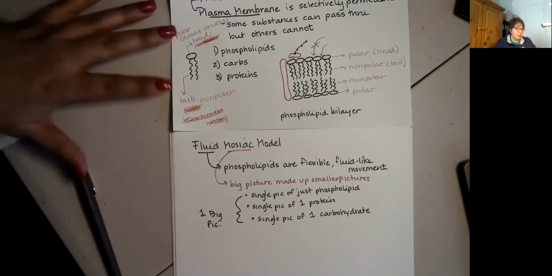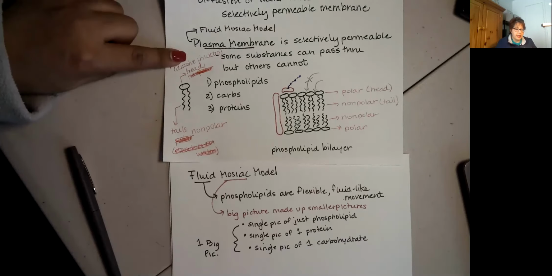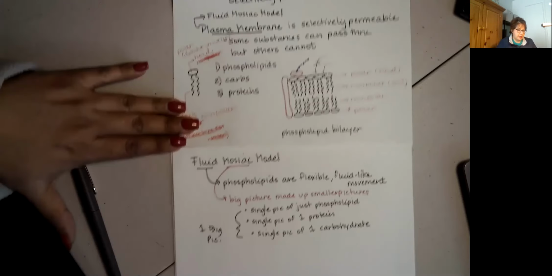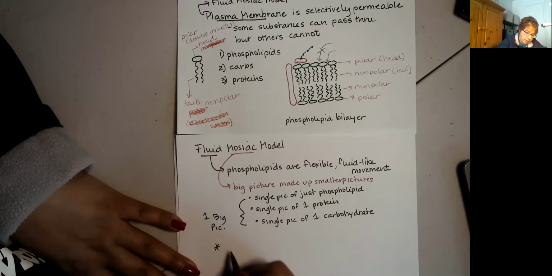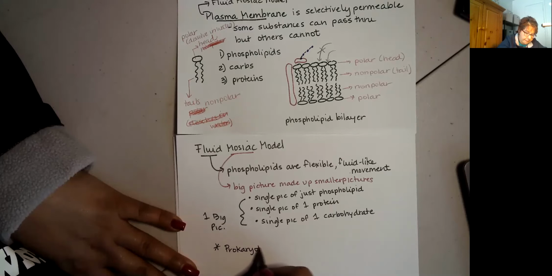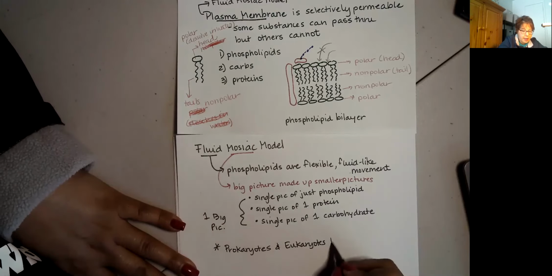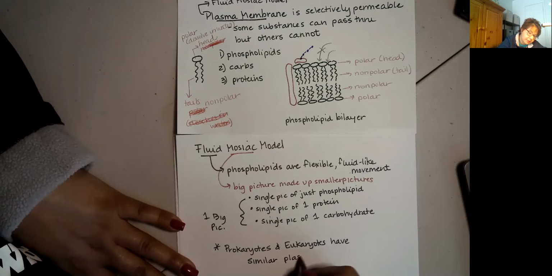So this description of the plasma membrane that we've just done, both plant, animal, and bacteria cell membranes are built like this. So I'm going to make a note of that here. Prokaryotes and eukaryotes have similar plasma membranes.